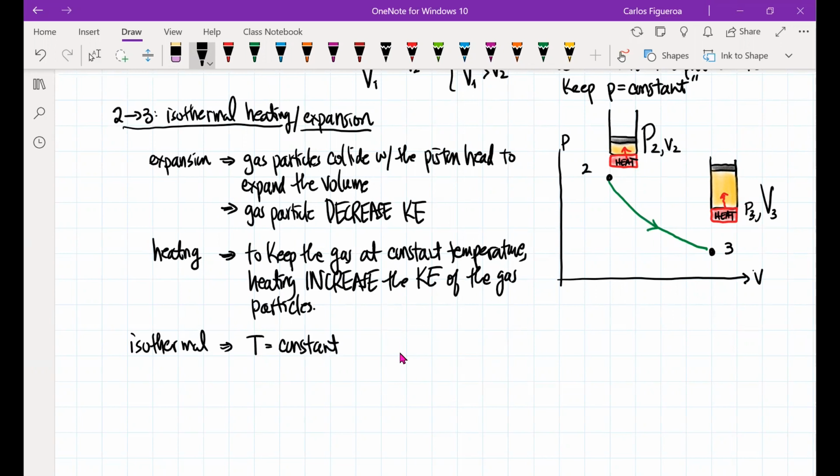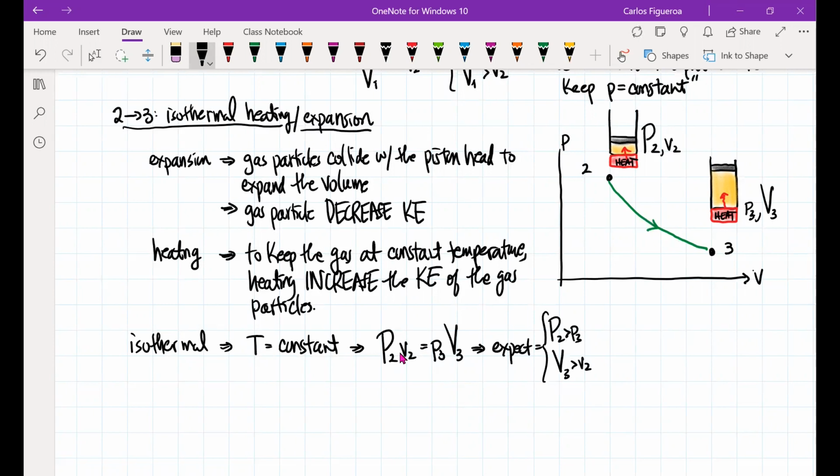And if it's equal to a constant, then the pressure times the volume must be equal to the lower pressure times the larger volume. So again, what do we expect? We expect here that P2 is going to be greater than P3, and V3 is going to be greater than V2.